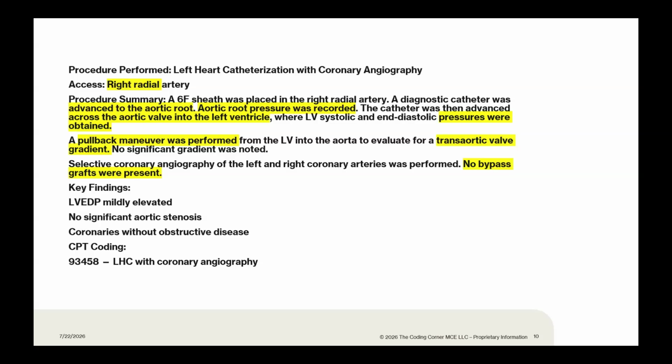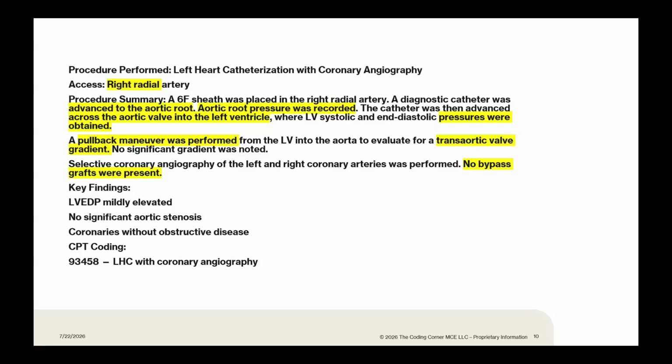As we withdraw the catheter from the left ventricle back into the aorta, we check for trans aortic valve gradient. In this case, no significant gradient is present, which means no evidence of aortic stenosis.